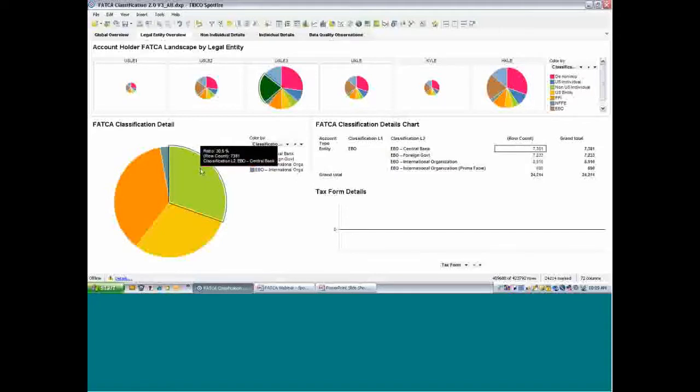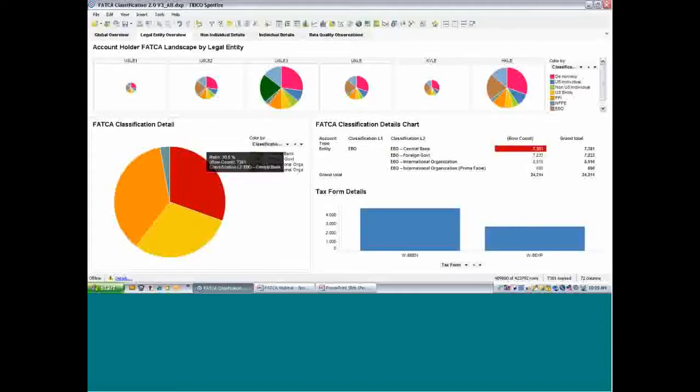Drilling down further into the exempt beneficial owner category, into the central bank category, here's some details on the total number, 7,300, and the breakdown of those with a W-8 BEN and a W-8 EXP.